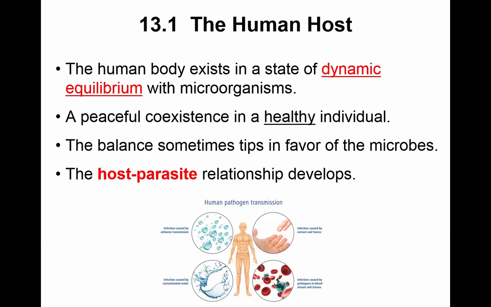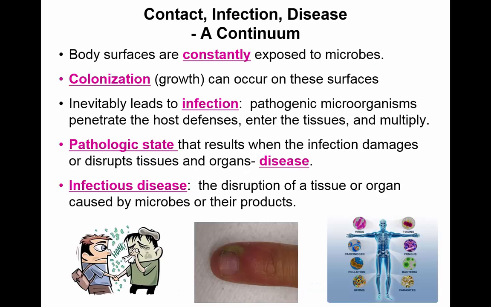It's trying to have a peaceful coexistence with these microorganisms and to stay healthy. And we know that if we keep being exposed to these microorganisms over time, sometimes the balance tips in favor of the microbes, and we have more microbes in our body at a time, and so we get sick. And so we have this host-parasite relationship that develops.